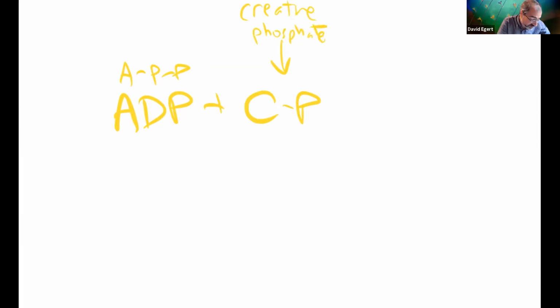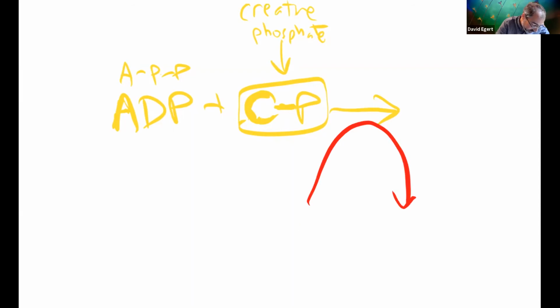This is a nitrogen-containing thing, so don't worry about the detail. The creatine is just another thing that, just like adenosine had the 2 P's on it, has 1 P on it. Then you're going to go along with some enzyme, creatine kinase, actually.